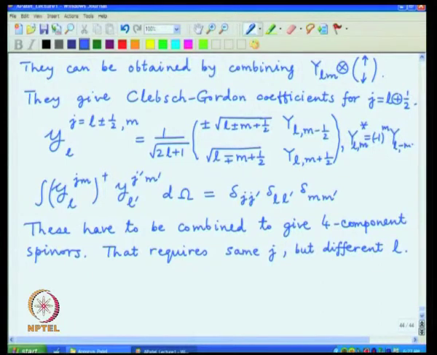and in order to do that we need to construct an operator which changes L by 1 unit, and also it should have a negative parity.